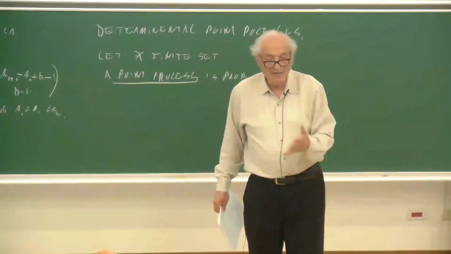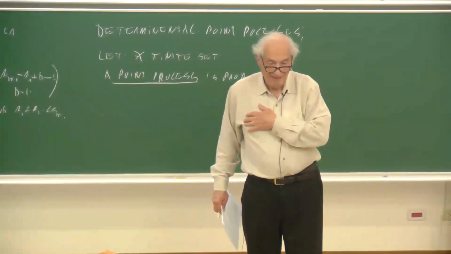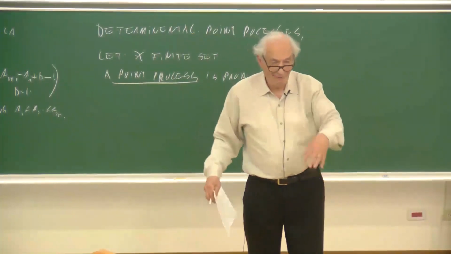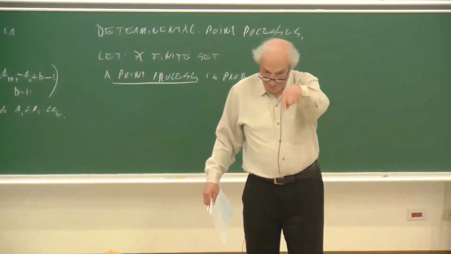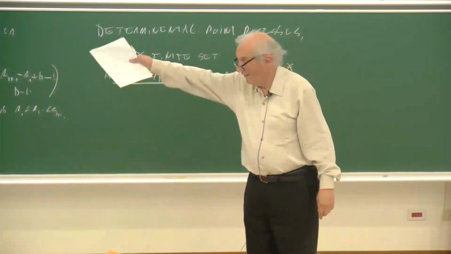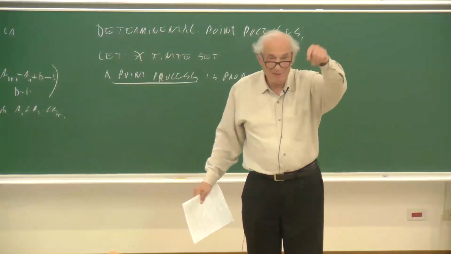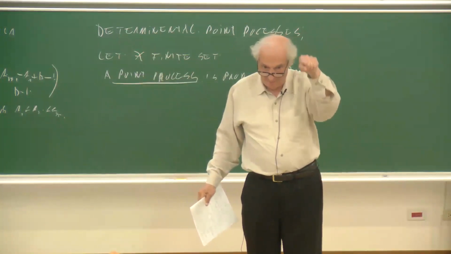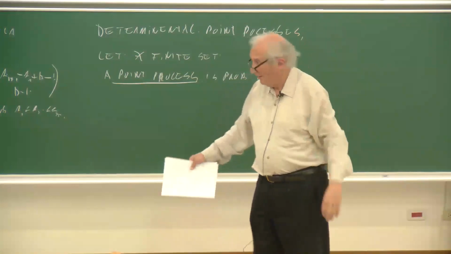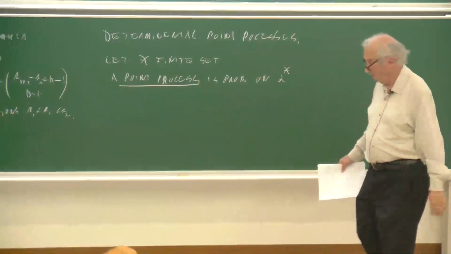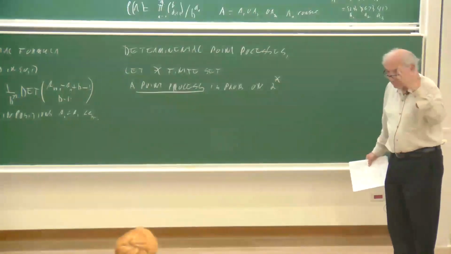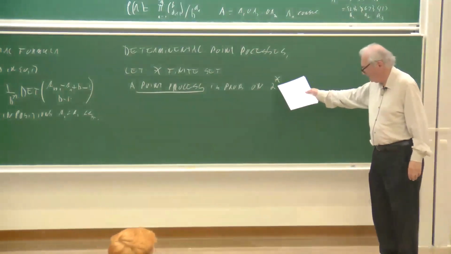And so you can imagine, for example, if it was a field where the trees grow, that's a point process, where the dots are. So for every subset, a point process just is a probability. It's a lot of numbers.